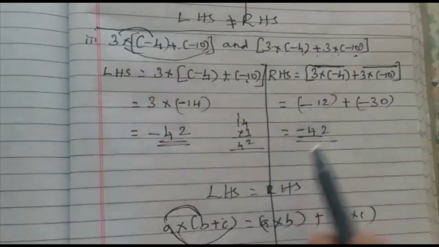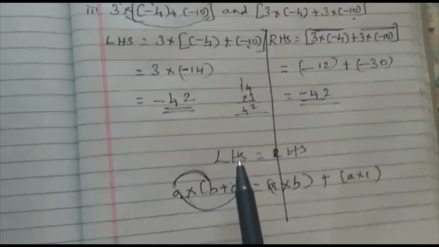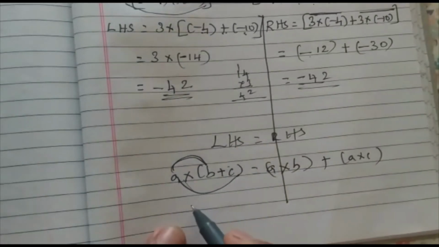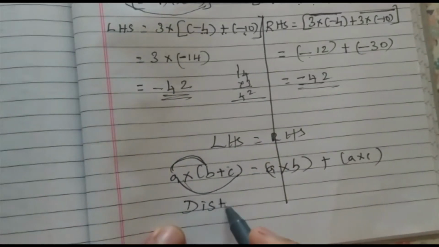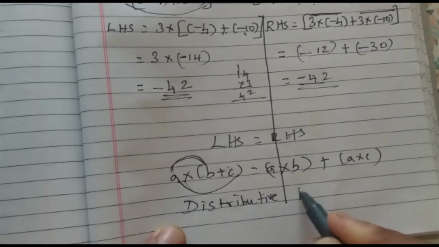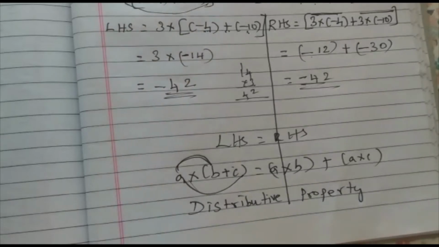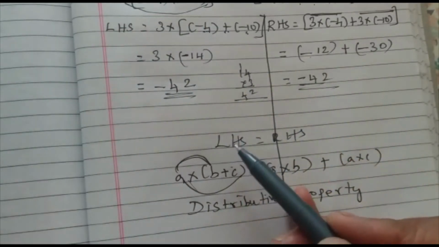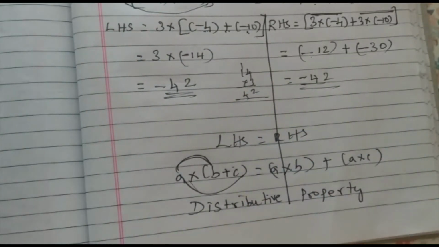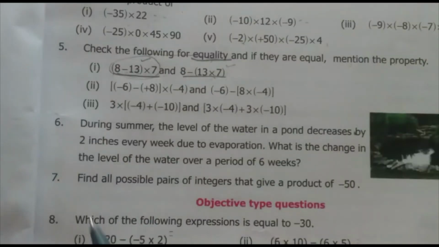So this is the same property we have used here. We have verified here. So the name of this property is distributive property, which is true because left hand side is equal to right hand side.